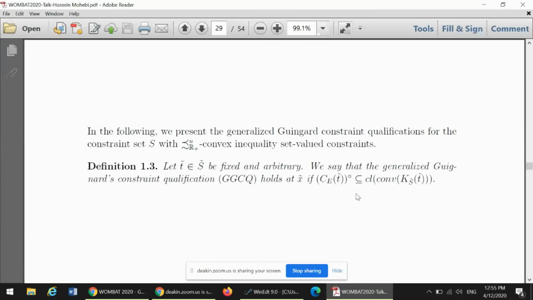In fact, we say that the generalized inert constraint qualification holds at a point X tilde if the cone CE at T tilde is a subset of the closure of the convex hull of the cotangent cone of S tilde at T tilde.